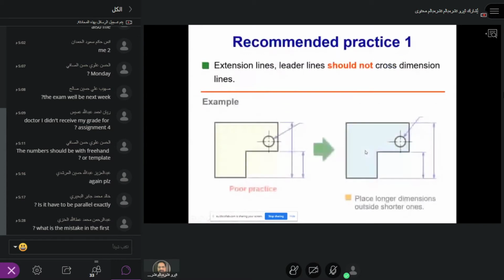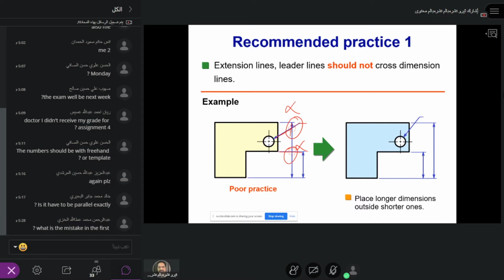Then placement of dimensions, good practice and poor practice. If you see, the poor practice is these two lines, the leader line and the dimension line cut each other. Wrong. And then the extension line and the dimension line cut each other. Wrong. So the best practice is to separate them like that so that the lines will not cut each other.